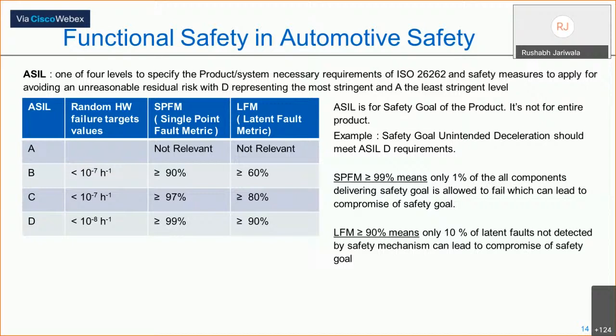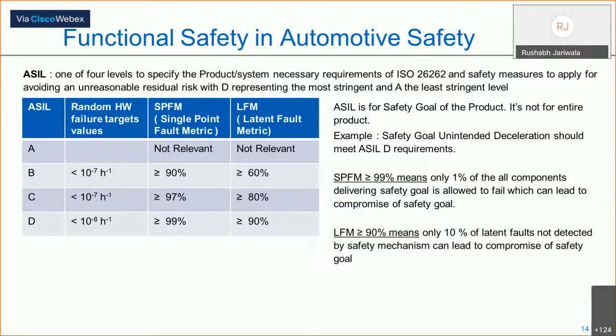The remaining all should be detected. So that's how it works. And then there is another one, that is latent point failure. These are a combination of two failures; if they can compromise the safety function, then the metric should not be less than 90%.